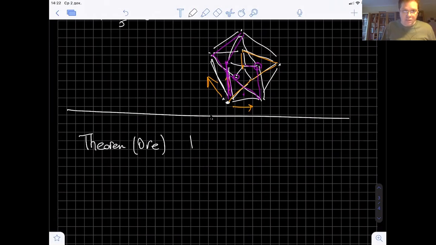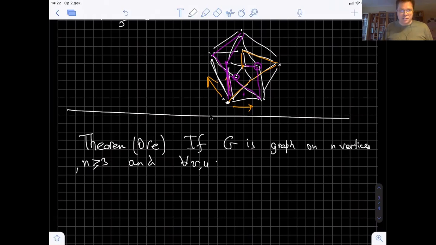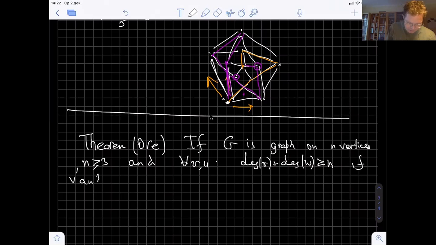It says that if G is a graph on n vertices and n is greater than or equal to 3, and for every two non-adjacent vertices v and u the degree of one plus the degree of the other is greater than or equal to n, then G is Hamiltonian.